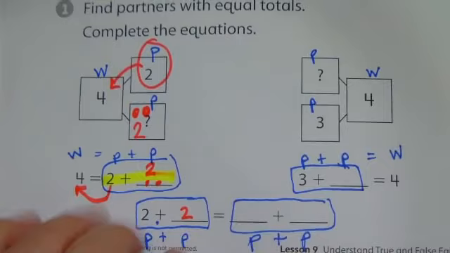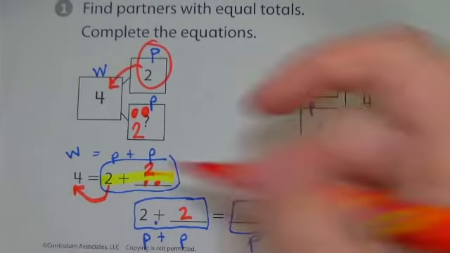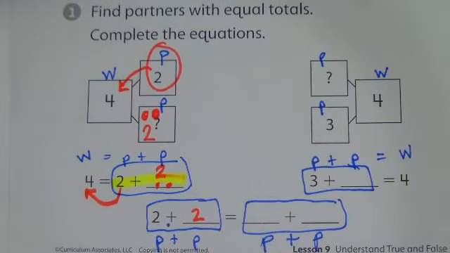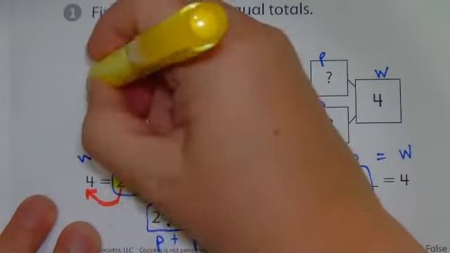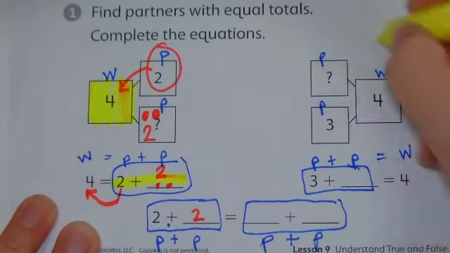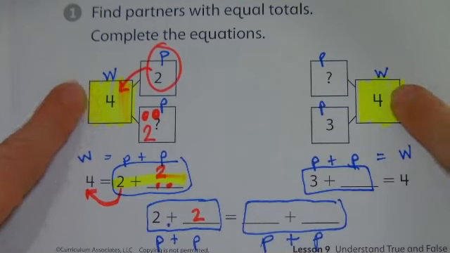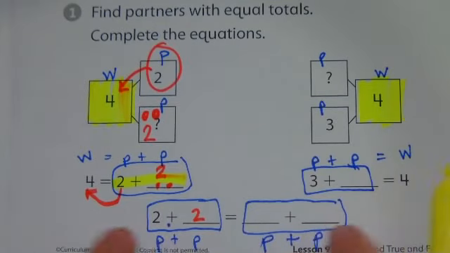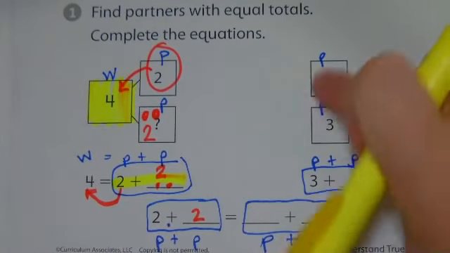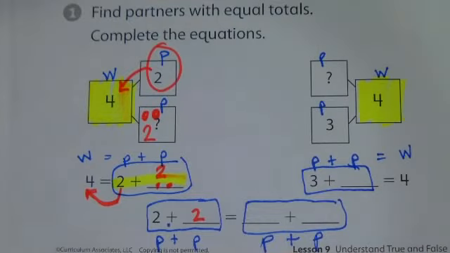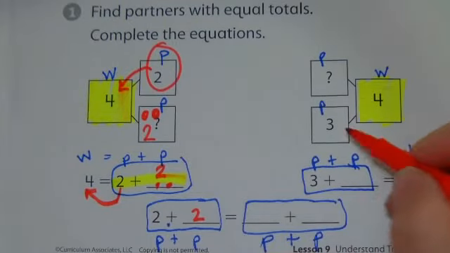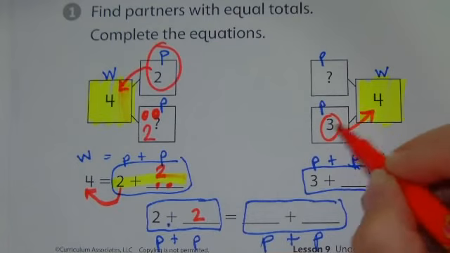So I'm going to prove that 2 plus 2 is equal to this, because we know that the whole over on this side is 4, and we know the whole on this side is 4. So we know, if we are counting correctly, that the parts of this total are going to match the parts of that one, right?